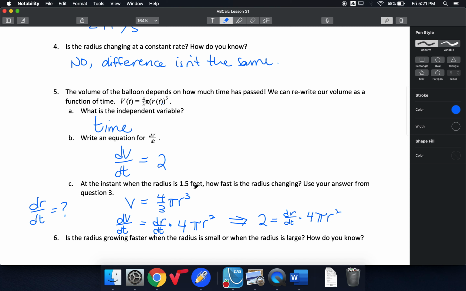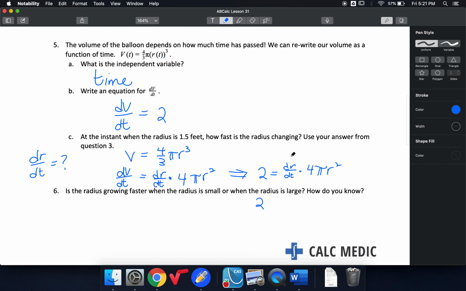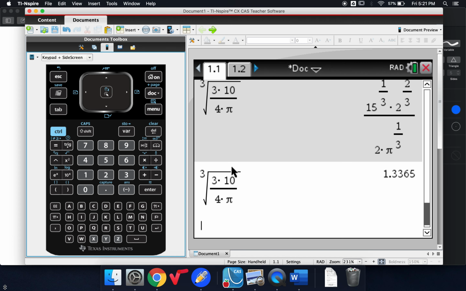Now I know that the radius is 1.5 feet, so I'm going to plug in 1.5 feet, and I'm going to find my expression for dr/dt. So 2 divided by 4 times pi times 1.5 squared is going to be equal to my instantaneous rate of change of the radius. Let's go ahead and put that in our calculator.